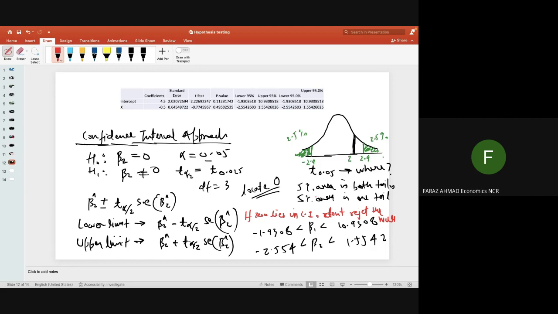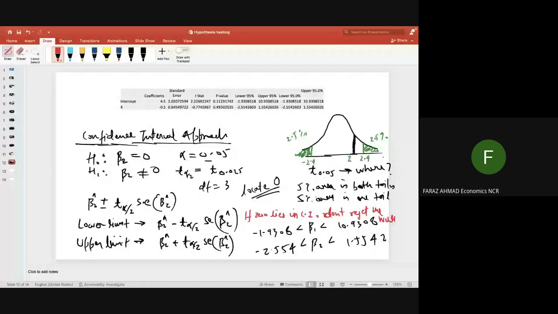In that case, we have to find the lower and upper limits of the 95% confidence intervals of the population parameters, and then see whether zero lies within the interval or not.